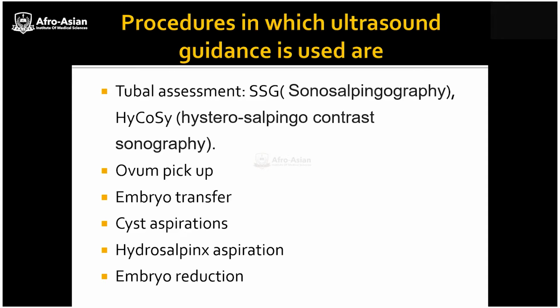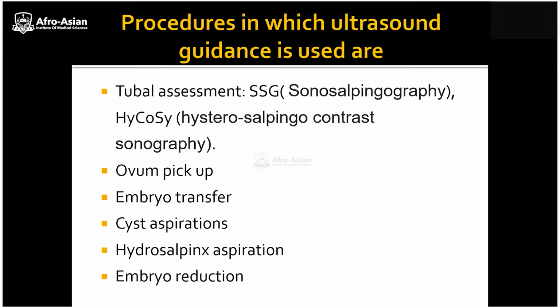The other method used is HyCoSy. HyCoSy is hysterosalpingo contrast sonography, which means we study the patency of the tubes with the help of ultrasound and contrast media, which is introduced into the tubes to see the patency.